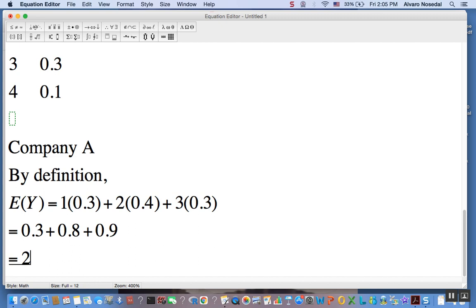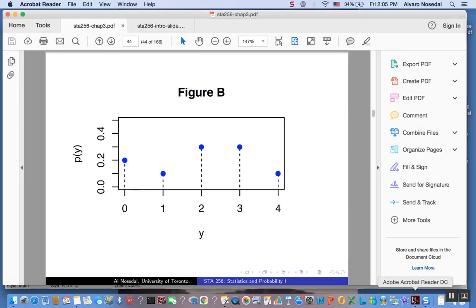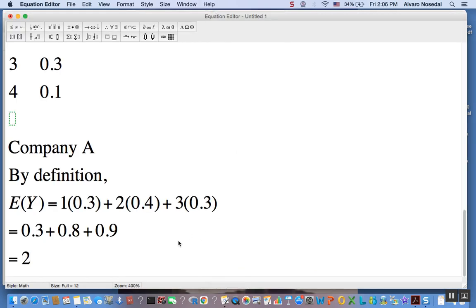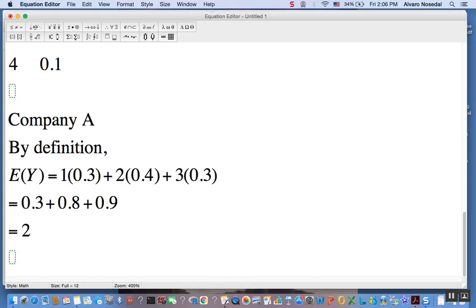Just from looking at the graph, we said, hey, it seems that the center of that probability mass function, or of that graphical representation of the probability distribution, must be close to 2. It happens to be exactly 2. Okay, so we have the expected value of y for company A.